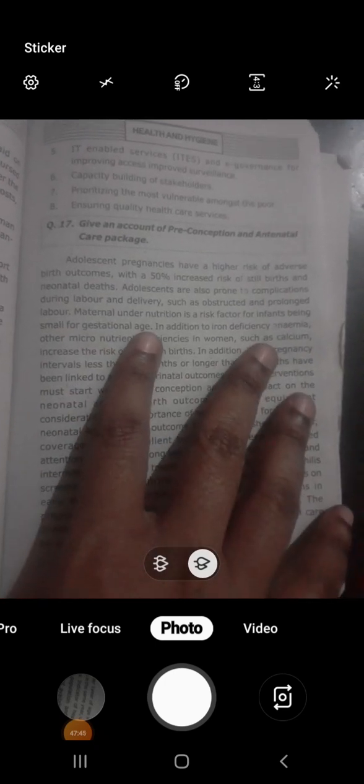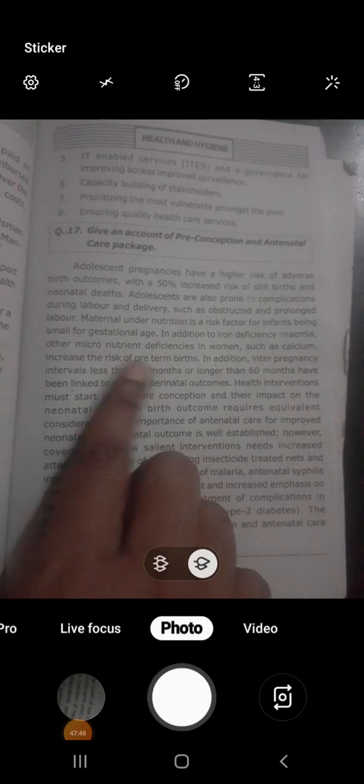So these are all the risk factors under maternal conditions. Iron deficiency is also one of the factors, along with anemia and other micronutrient deficiencies like calcium. So this all will increase the risk to the children. Interpregnancy intervals of less than 12 months or longer than 60 months have been linked to adverse maternal and birth outcomes.